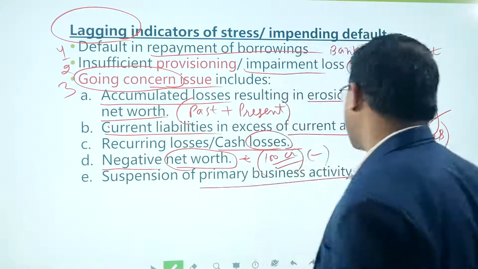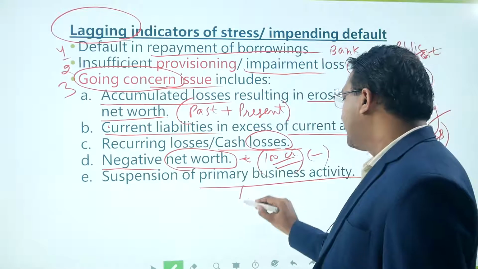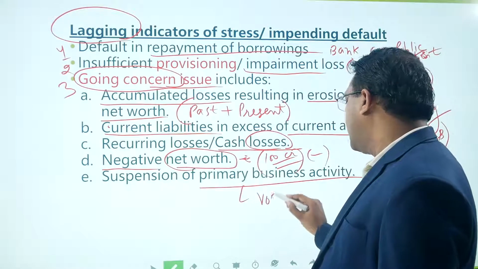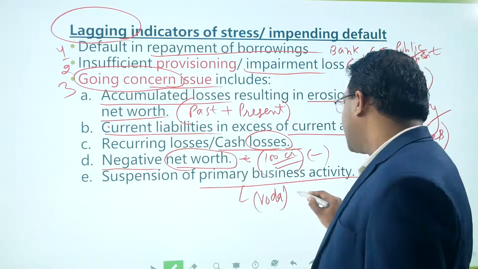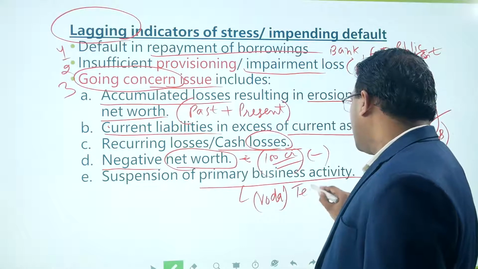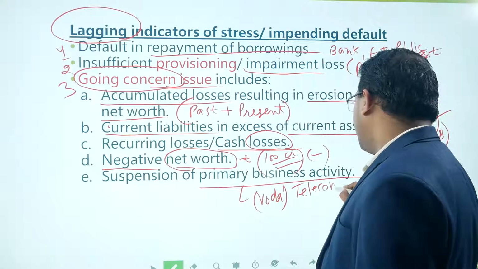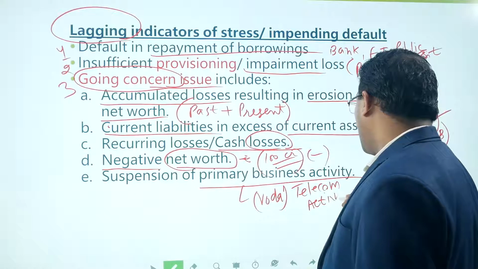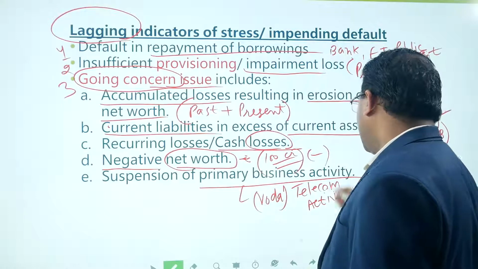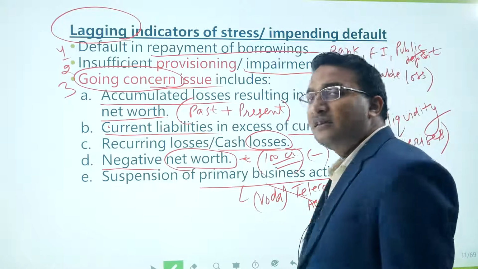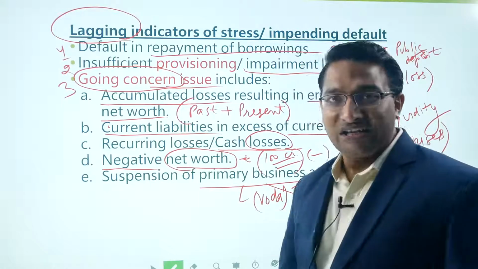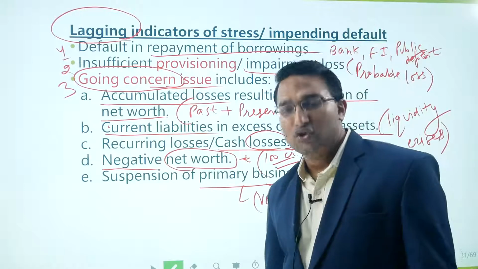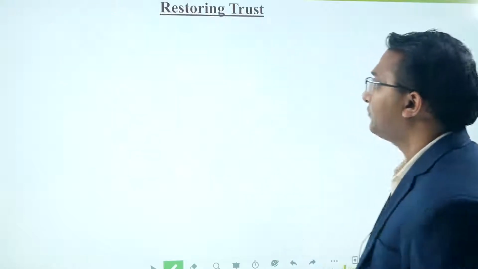Suspension of primary business activity. For example, if Vodafone is operating in the telecom sector and because of some reason the telecom activity is suspended by Vodafone, Vodafone is no longer a telecom company. In that case, this gives a clear indication that the going concern assumption is going to be invalid.